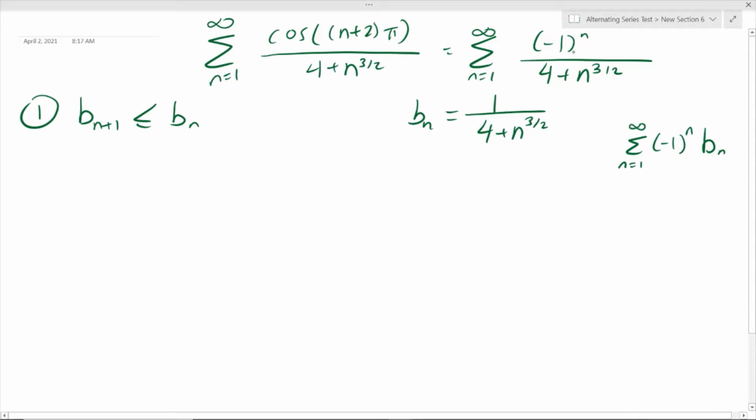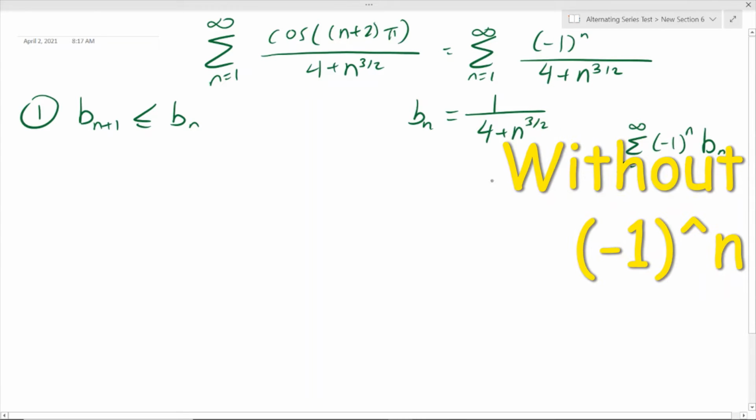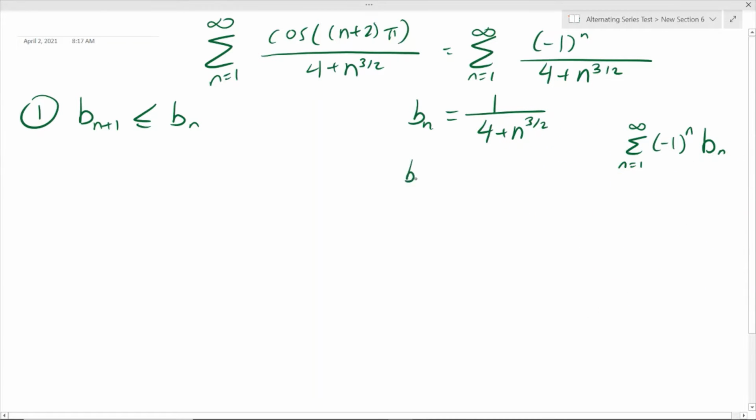So that's the b_n without this exponent. And then for b_{n+1}, we just add 1 and plug it into n. So it's going to be 1 over 4 plus n plus 1 to the exponent of 3 over 2. Let's compare if this is true.